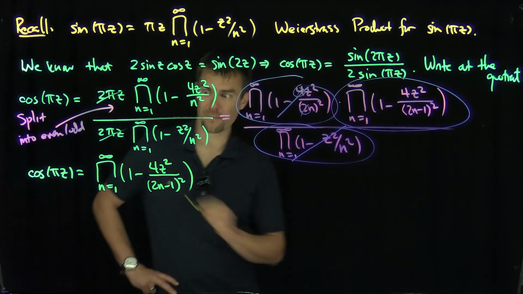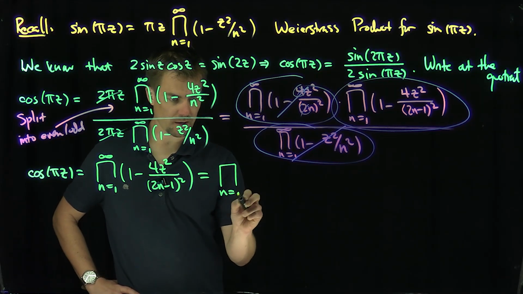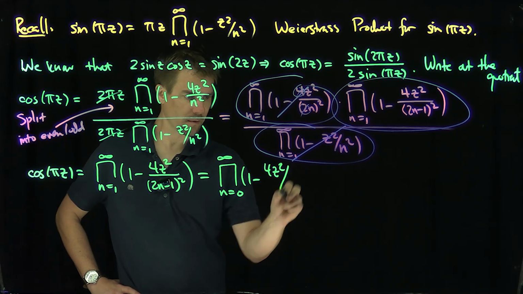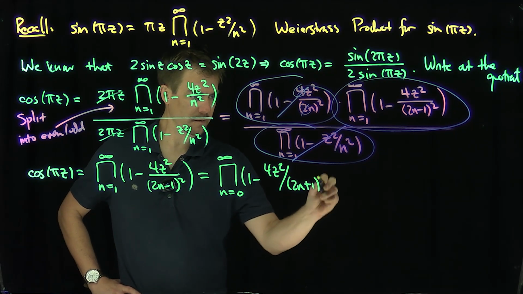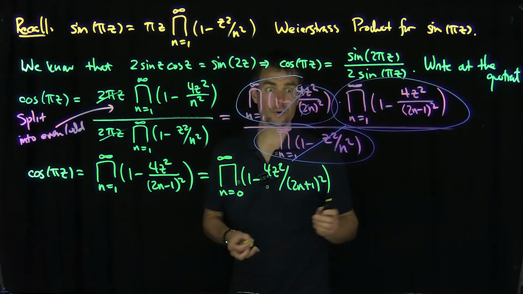Sometimes I've seen it written like this to make sure people don't get confused: I can just re-index this, the product from 0 to infinity. It just starts at 0 instead of 1, so it's the same exact thing. Excellent, that's how you get cosine pi z.